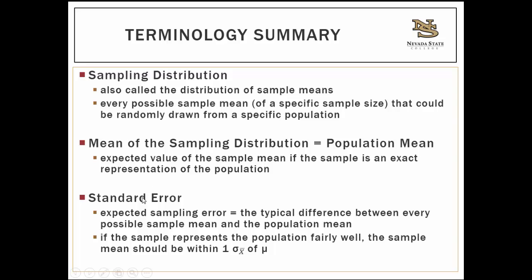Then the standard error, which I talked about at length, is the expected sampling error, or the typical or standard difference that you would expect between every possible sample mean of a specific sample size and the population mean. And if that sample is an accurate representation of the population, then you would expect that your sample mean would fall within one standard error of the population mean.